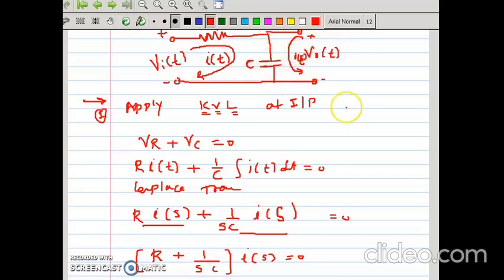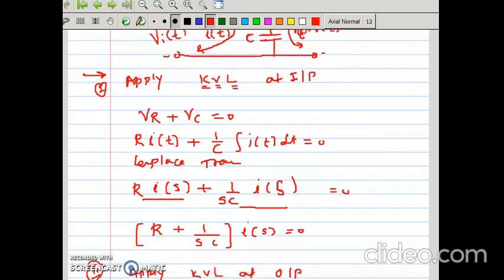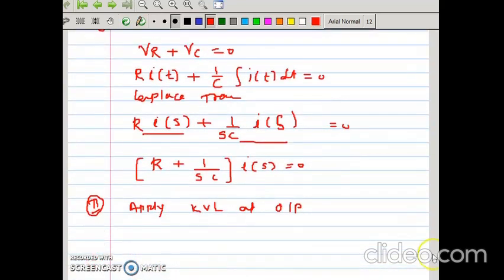Only one component is there, that is C. Sorry, this is not equal to 0, this is equal to Vi of S.